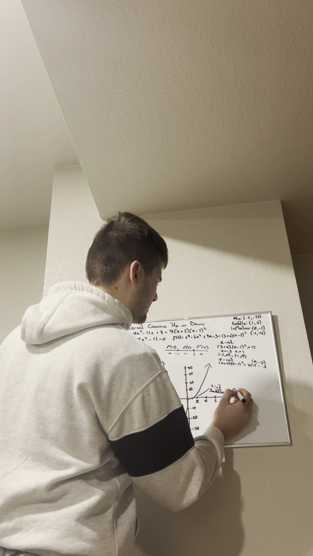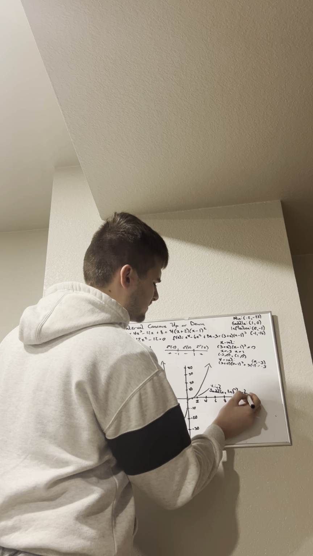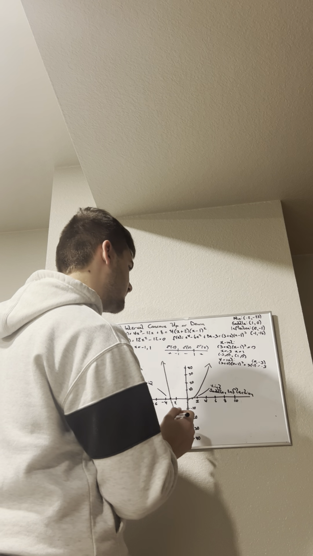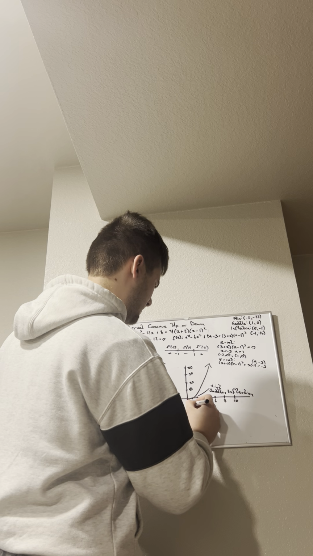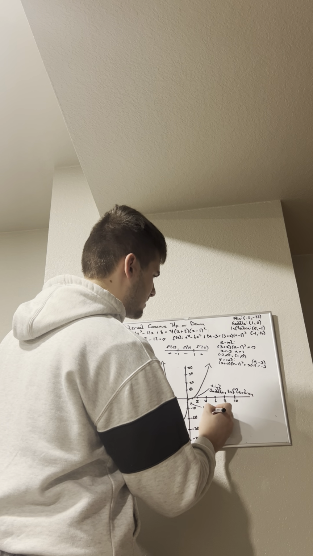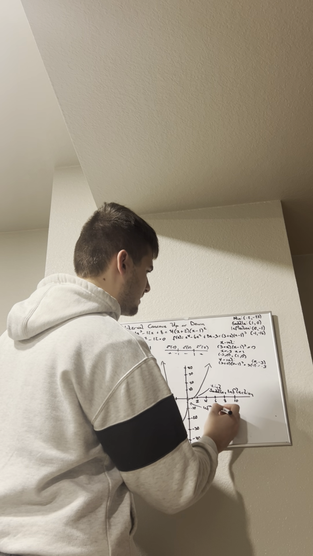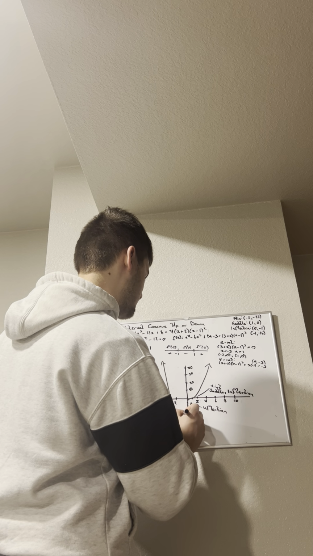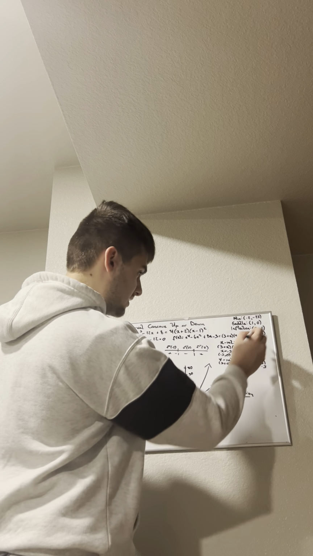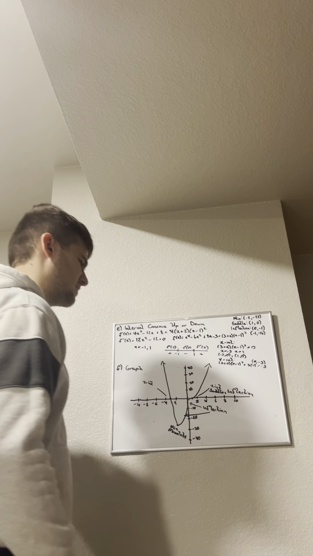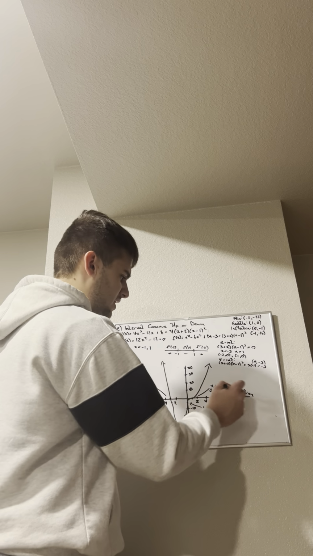And then inflection is also going to be right over here as well. It's going to be an inflection as well, just like that. And there's going to be another inflection point right over here. I forgot about the -1/16 as well. So we're going to have inflection points right here, right here, right here.